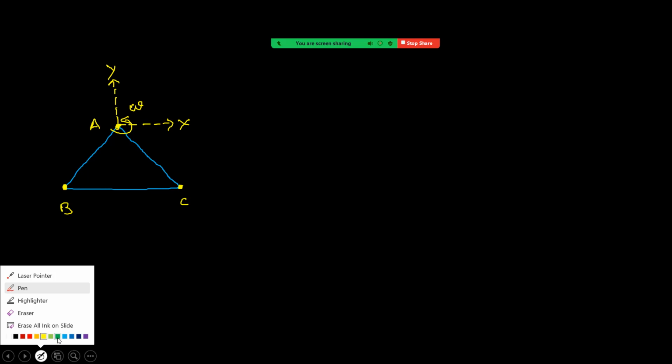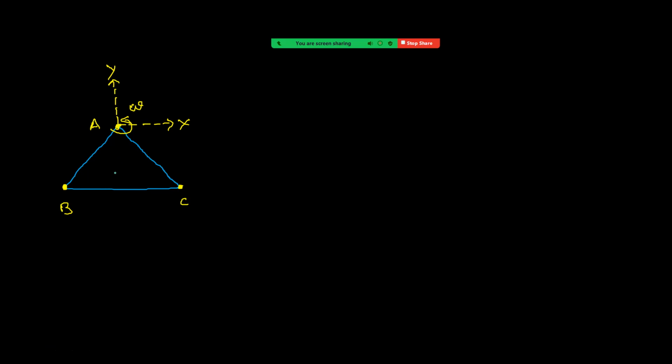Now the center of mass follows a circular path, right? The center of mass means this will be the centroid. Suppose the centroid is somewhere here.